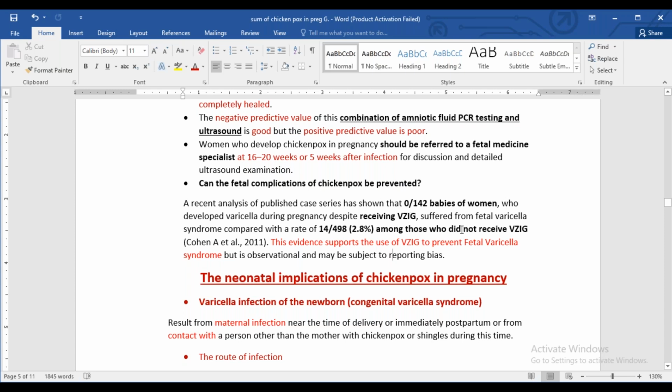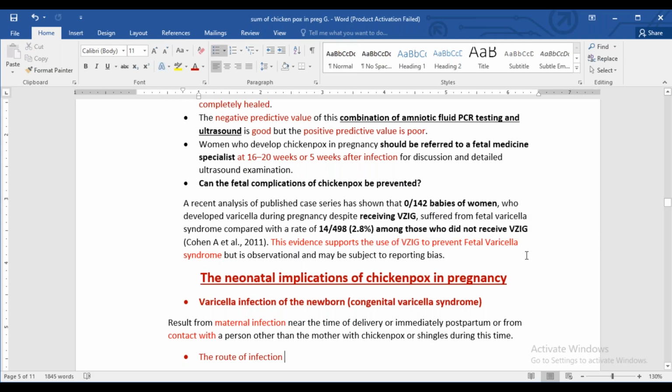And of those who didn't receive the immunoglobulin, 14 out of 498, or 2.8%, developed fetal varicella syndrome. So yes, it helps to prevent it.